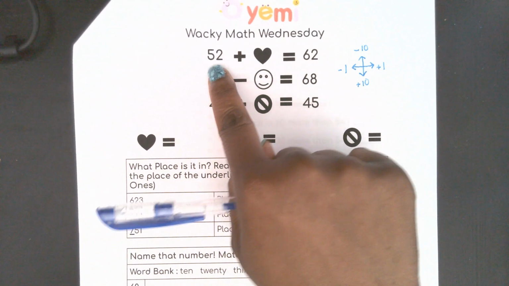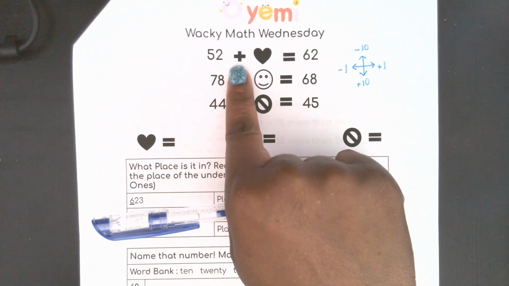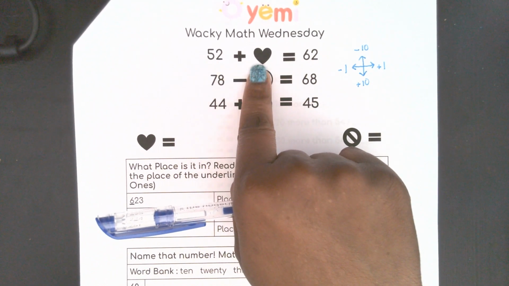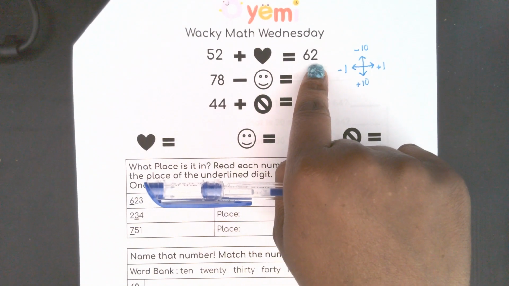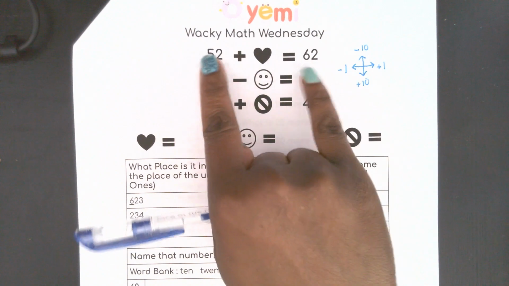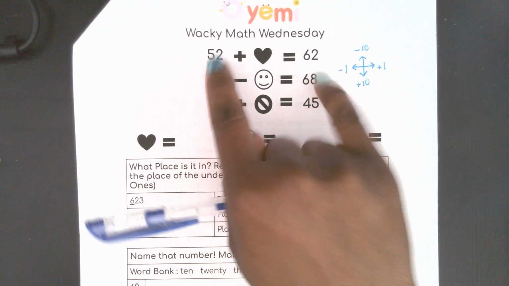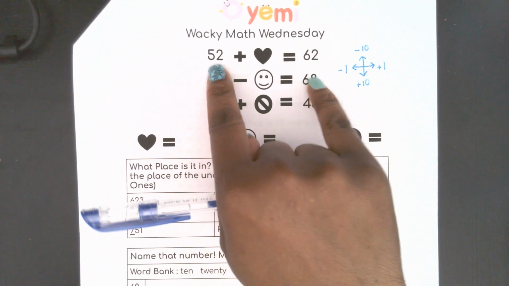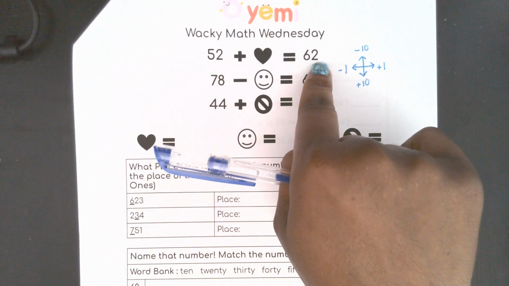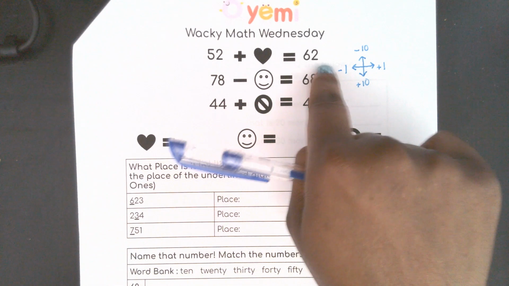Here I have 52. I'm adding a heart, and it will equal 62. What's the pattern? What's the same and what is different? Look at the place value. The ones place is the same. It's the same number 2 there.